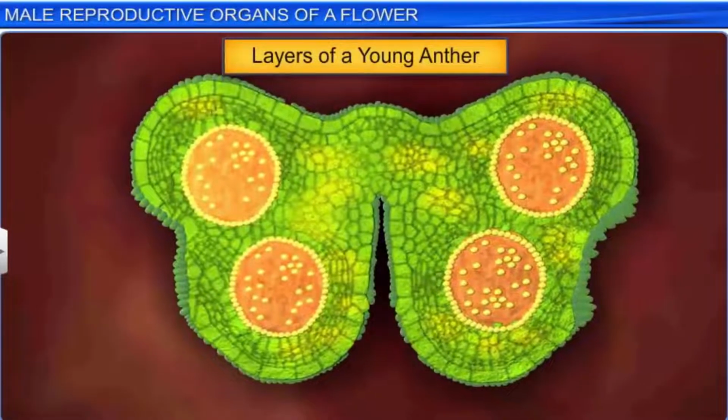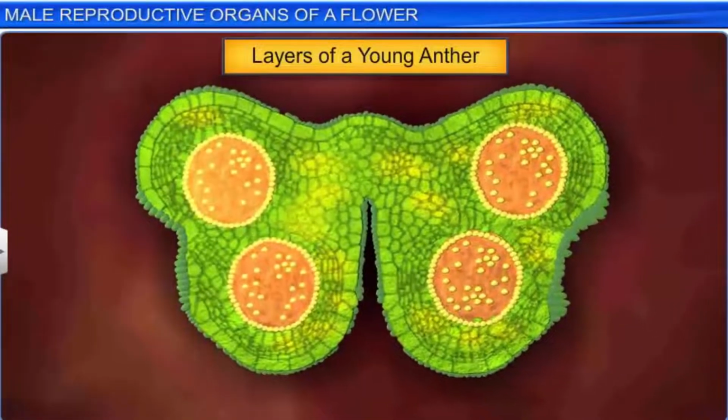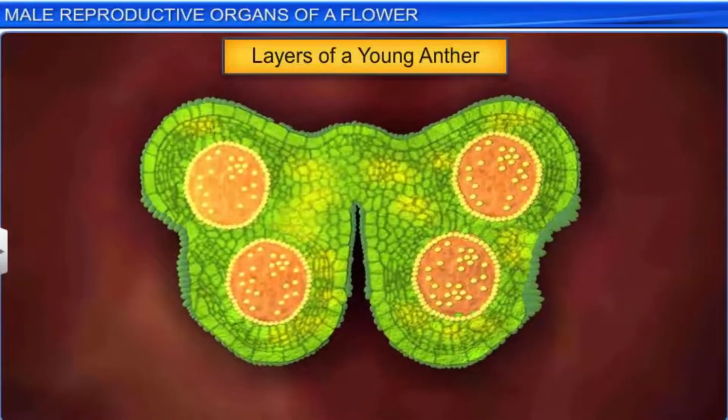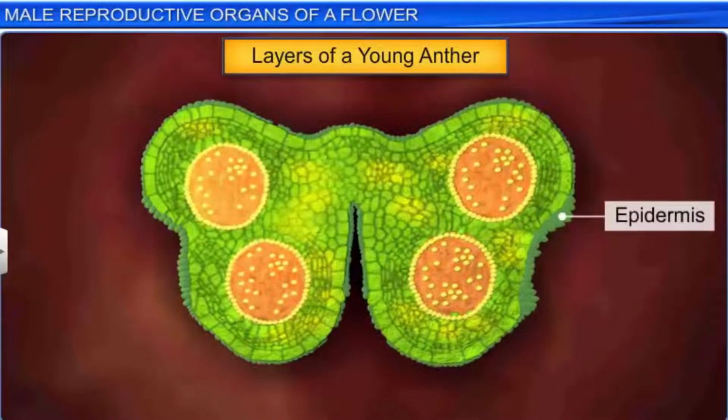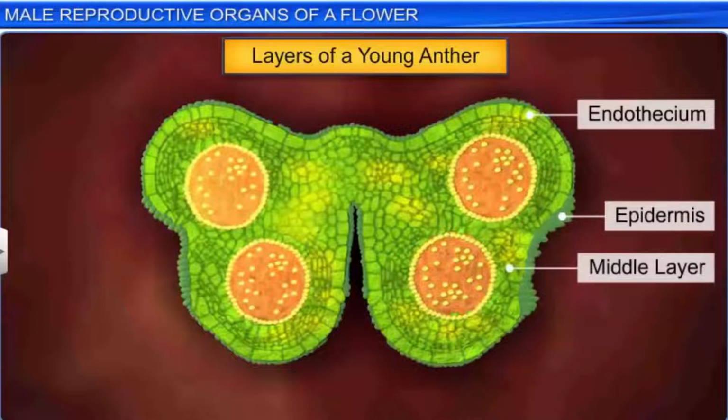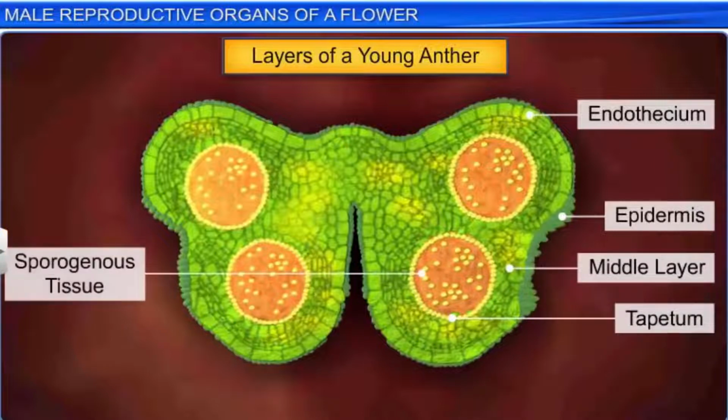In a young anther, the microsporangium is surrounded by a multi-layered wall consisting of the epidermis, endothecium, middle layers, and the tapetum, the innermost layer, while the center is occupied by sporogenous tissue.